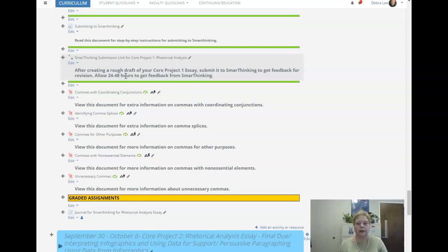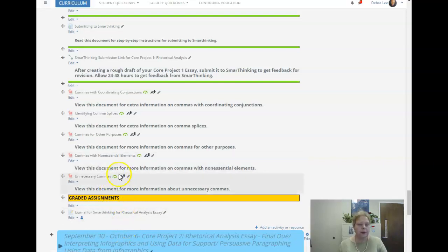So if you're ever using Smart Thinking for anything in any other class in the future, you want to make sure that you allow enough time to get it back before you have to turn in your document. We're not going to turn in our final essay on this until before midnight on Sunday, October 6th. So we'll have this week to put the rough draft together, and we'll have next week to revise it and work on it and submit the final October the 6th.